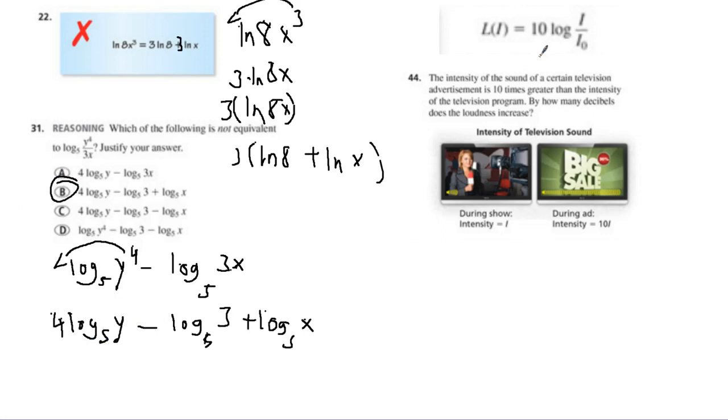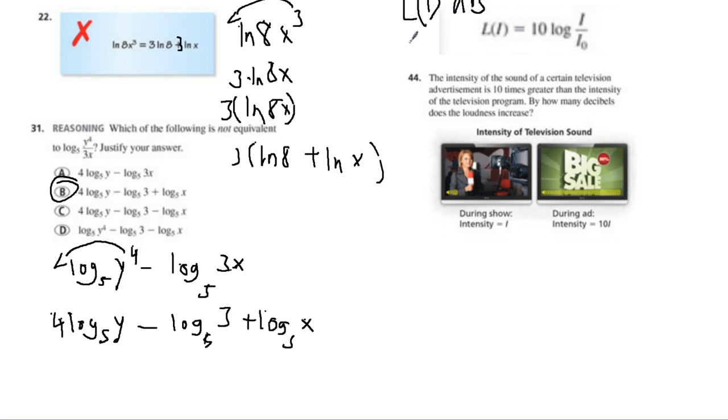Next, the intensity of a sound of a certain television advertisement is 10 times greater than the intensity of the television program. By how many decibels does the loudness increase? So this is the formula for intensity of a sound. So loudness, L, is in decibels.